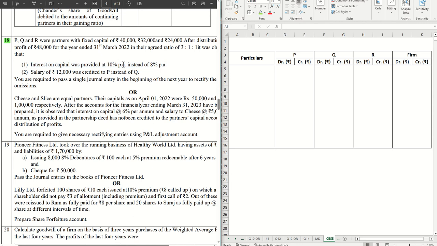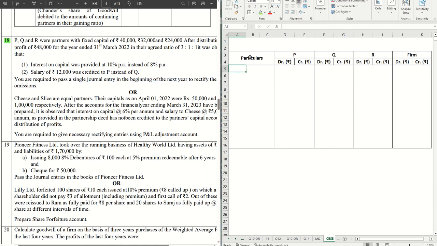So 2% excess interest on capital provided, that needs to be reversed. Salary of 12,000 was credited to P instead of Q. This adjustment is to be done. You are required to pass a single journal entry in the beginning of the next year to rectify these omissions.